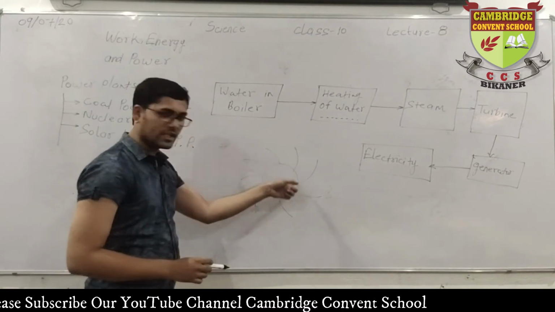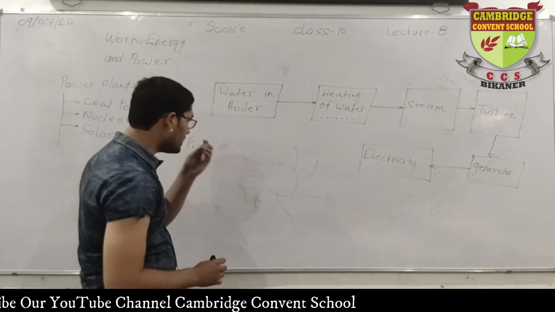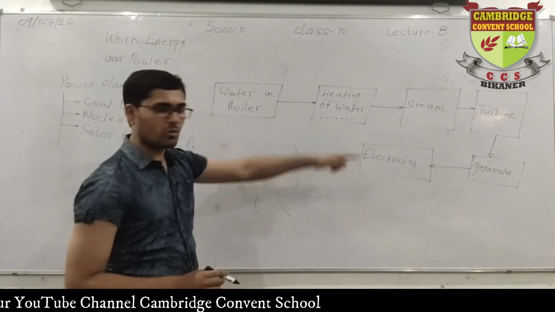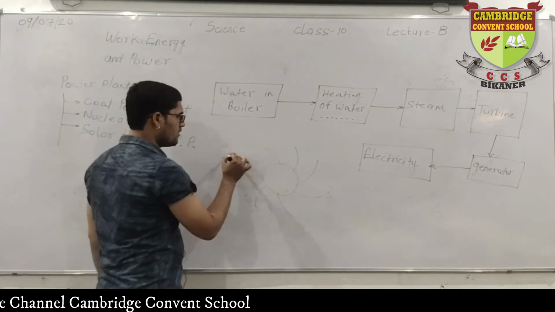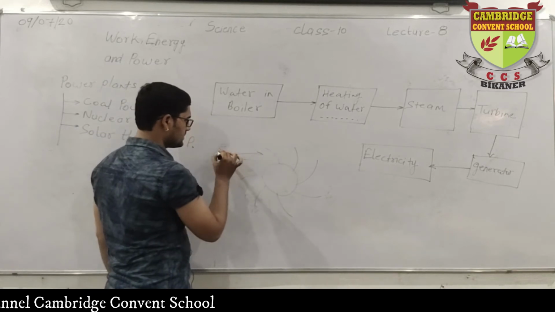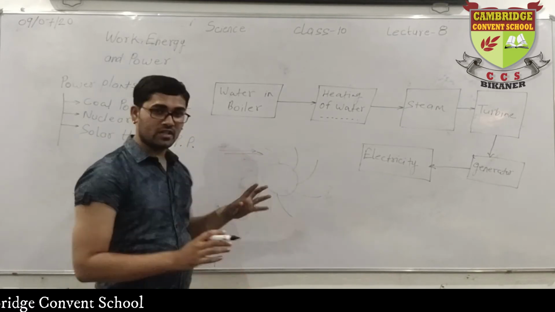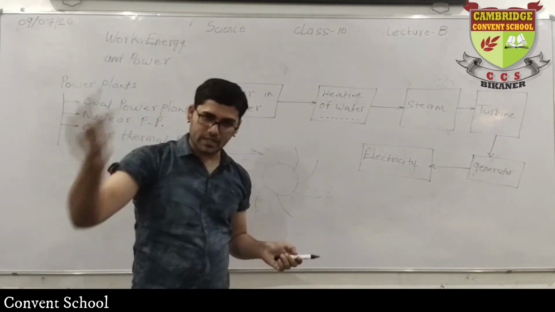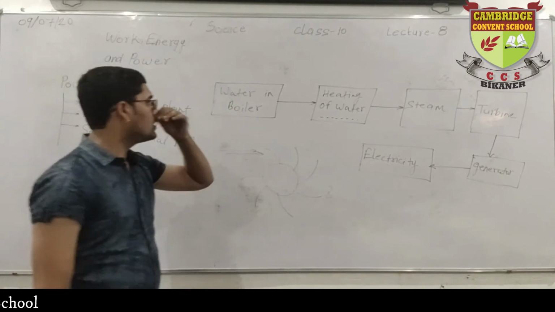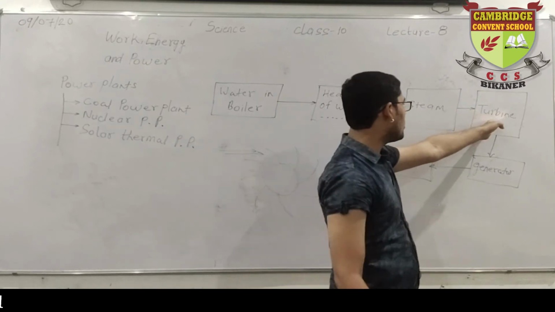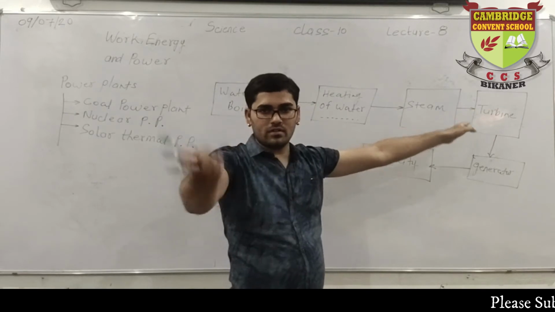There is a rotor in between and lots of fans around it. What happens when the high pressure steam comes to it? You can imagine it very easily because it is a very fundamental thing. When steam strikes these fans with very high pressure, it will try to rotate them, right? So this is the basic structure of a turbine. When steam falls on the turbine at very high pressure, the turbine will start rotating, right?